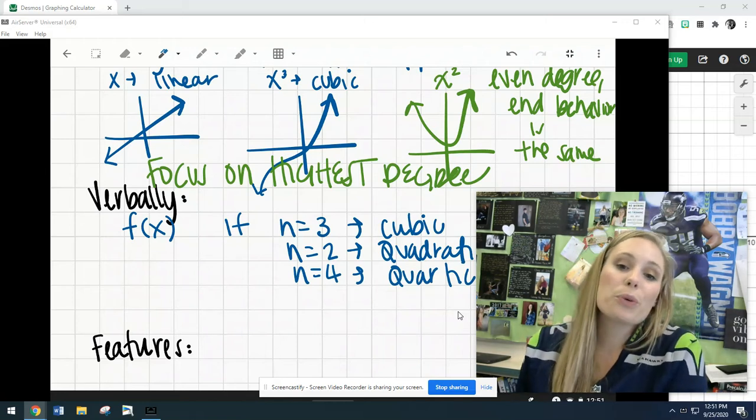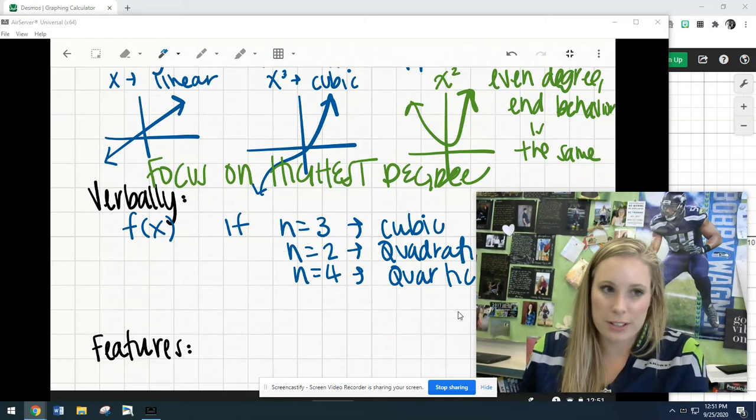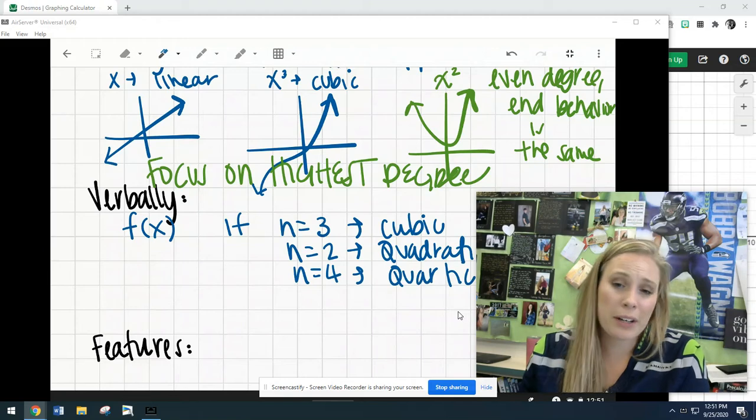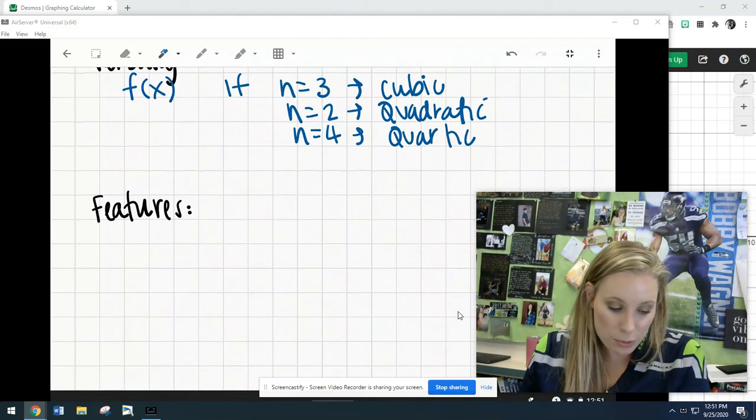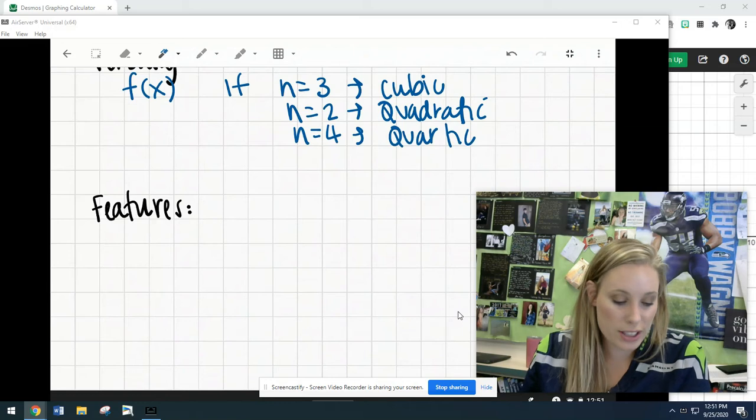Now, there are some really cool things in the graphs of polynomials. We already talked about end behavior. You can tell the end behavior and the shape in the graphs of polynomials. Let's write down a couple of key features that you should know.